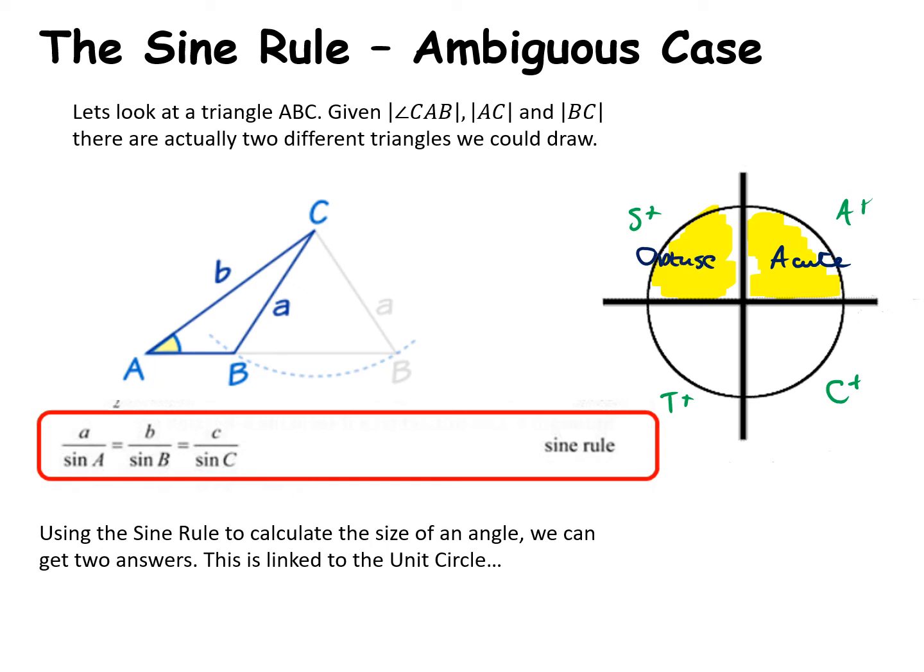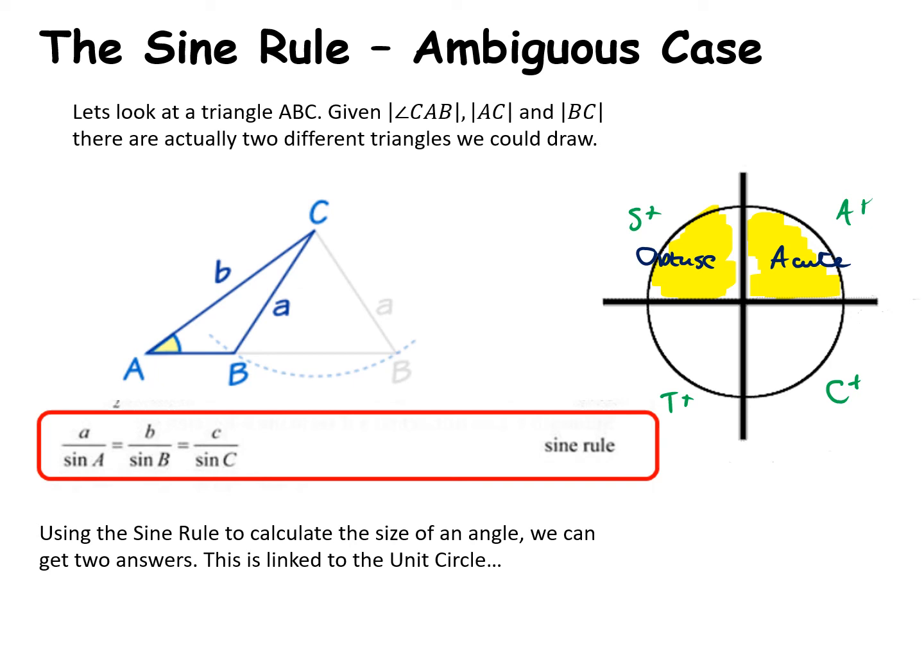Obtuse angles will also have a positive sine. So we're stuck with this idea that when we have sine of an angle equals a given number, and we work backwards, we could actually be dealing with the ambiguous case. So there would actually be two possible triangles we're talking about.